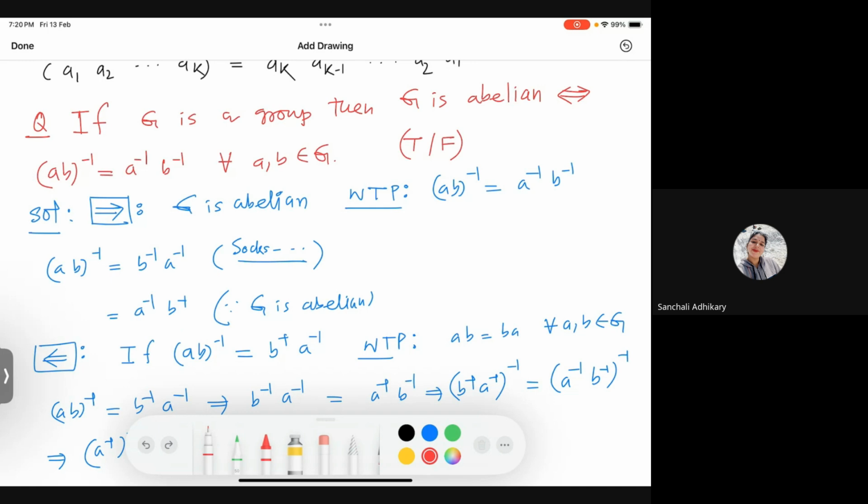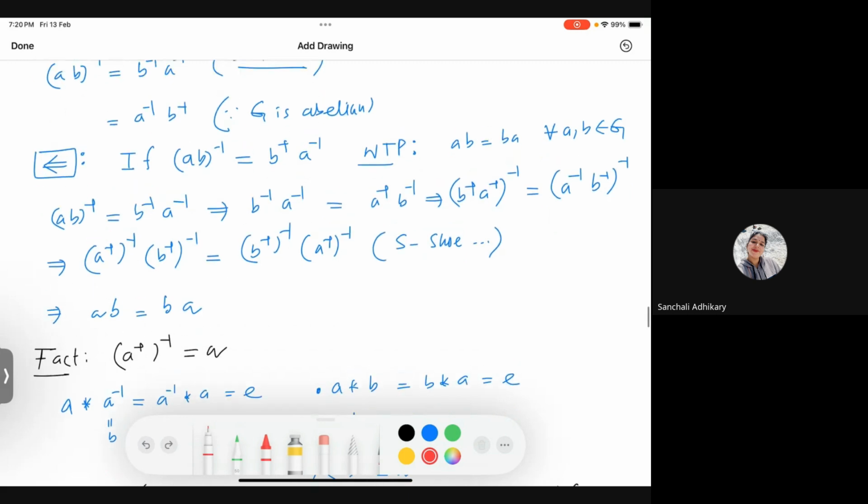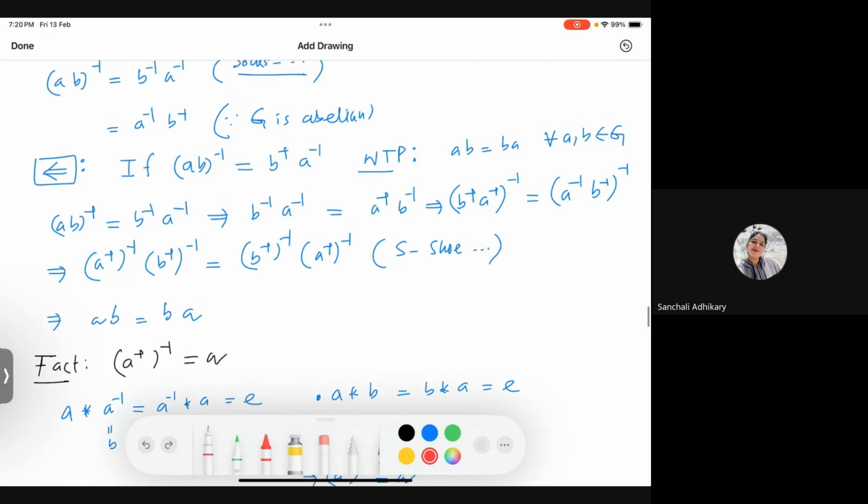What about the converse part? For the converse part, we need to prove AB is equal to BA. This is true for all A, B. So we have (AB) inverse is equal to B inverse A inverse, by the shoes-socks property.